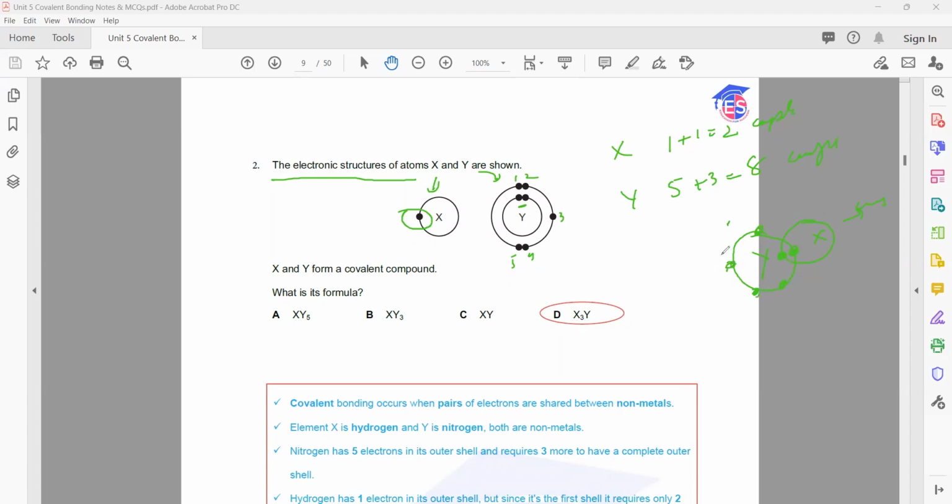Then another X will come here. Then X is complete, and Y becomes seven. So one more X will come here. Now it is complete. So how many X did you need here? Three atoms. How many Y? One. So the formula will be X3Y1. So this is the formula. D is the right answer.